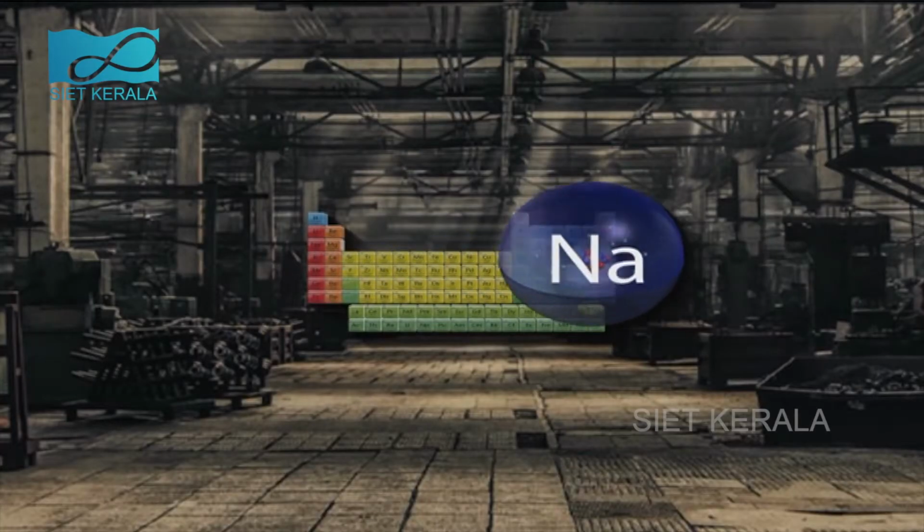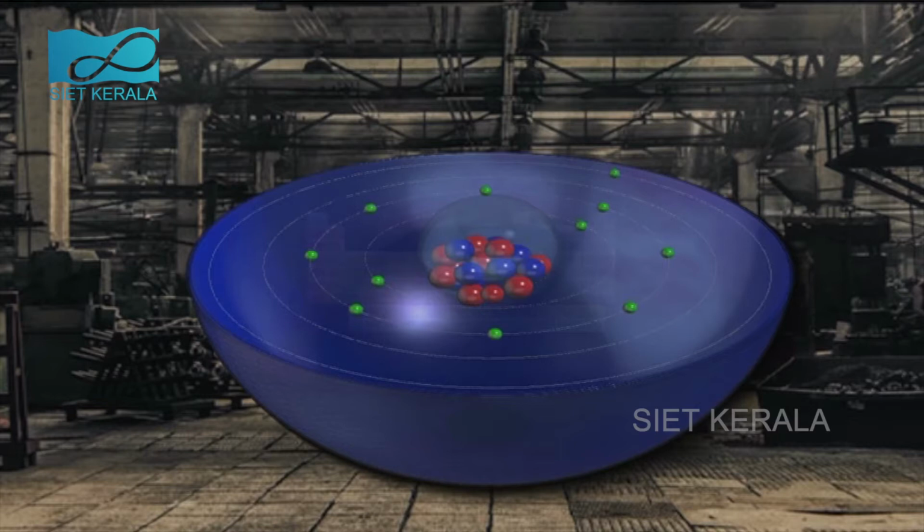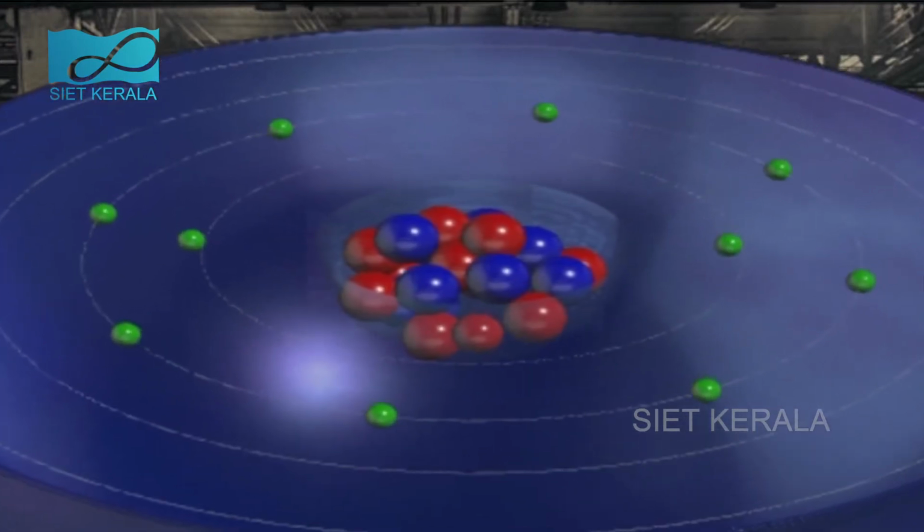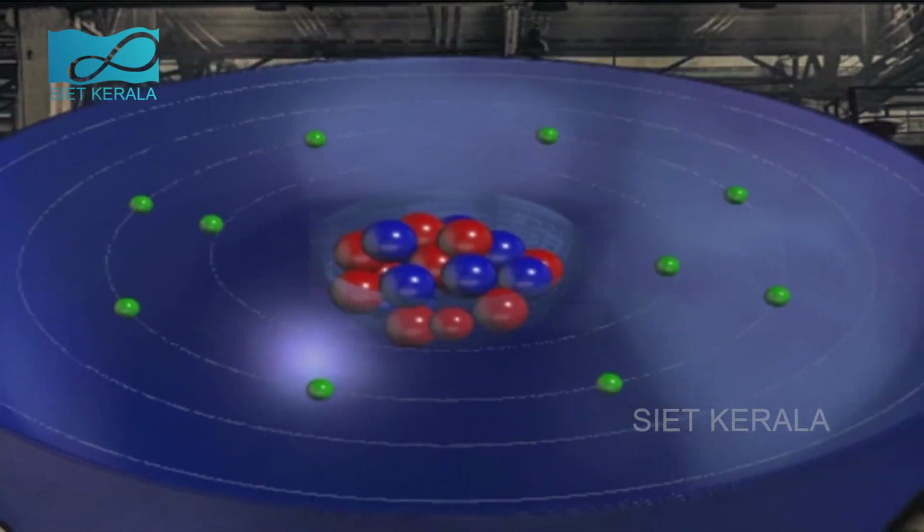We all know that an atom consists of the central part, called the nucleus, which contains positively charged protons and electrically neutral neutrons.